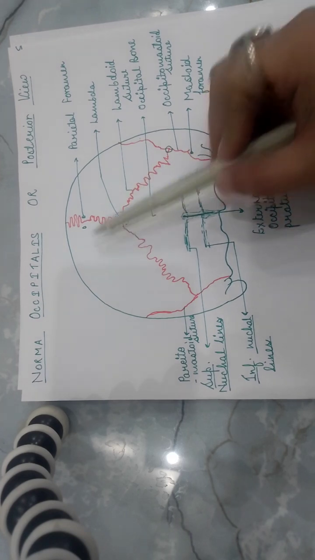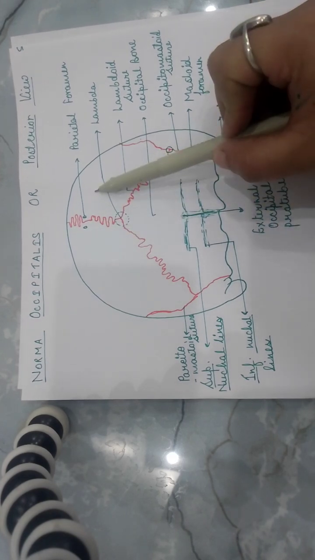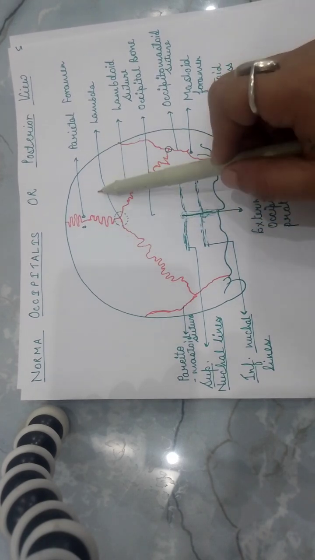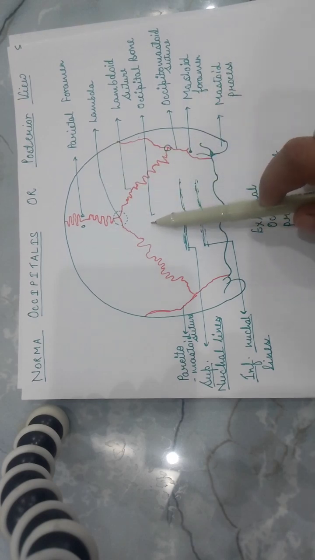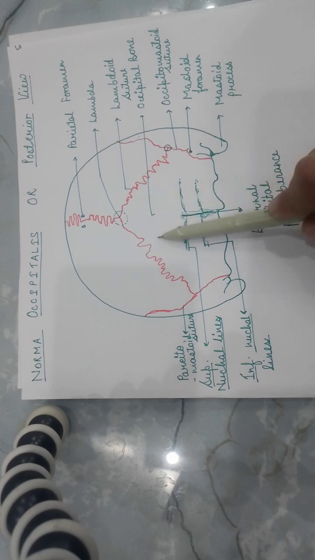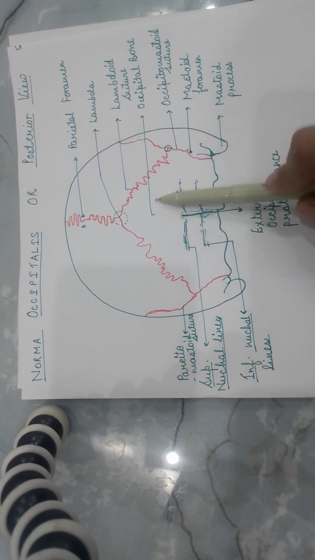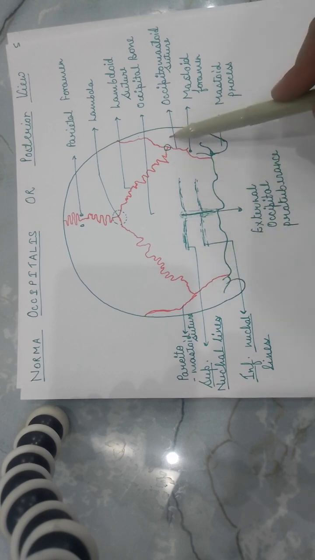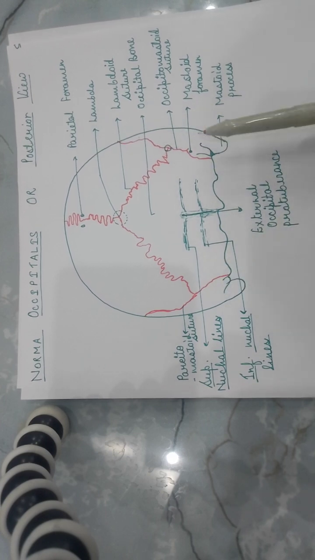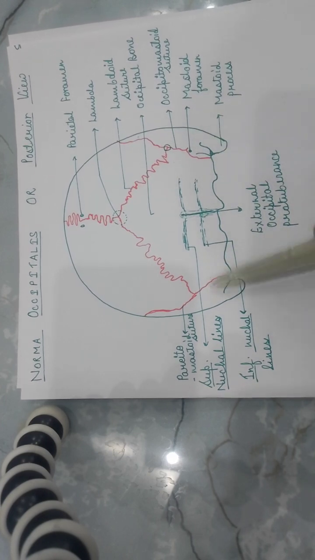We can see the posterior part of two parietal bones from above and upper part of the squamous part of occipital bone below and the mastoid part of temporal bone on each side.